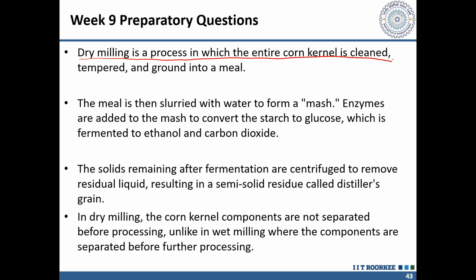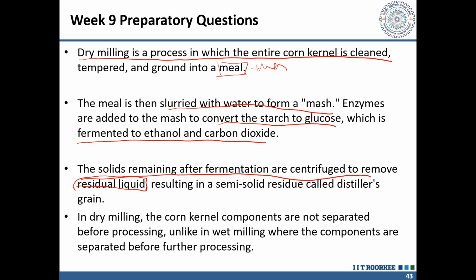Dry milling is a process in which the entire corn kernel is cleaned, tempered, and ground into a meal. And then this meal is added to water and slurried to form a mash. Then enzymes are added to the mash to convert starch to glucose, which is fermented to ethanol and carbon dioxide. The solids remaining after the fermentation are centrifuged to remove the residual liquid.